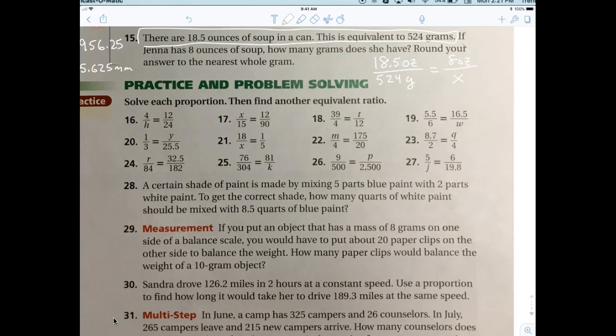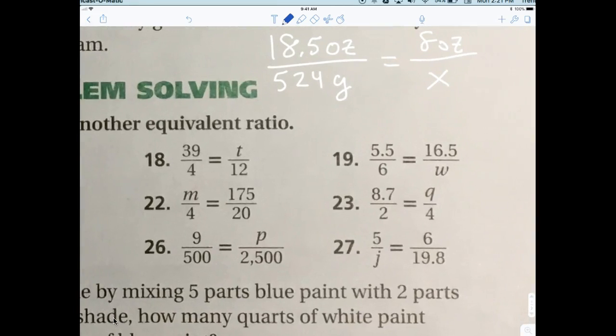So now we have to cross multiply this. When I cross multiply this, we're going to have what? You get 4,192 like that. And then I have to do what? Somebody tell me.